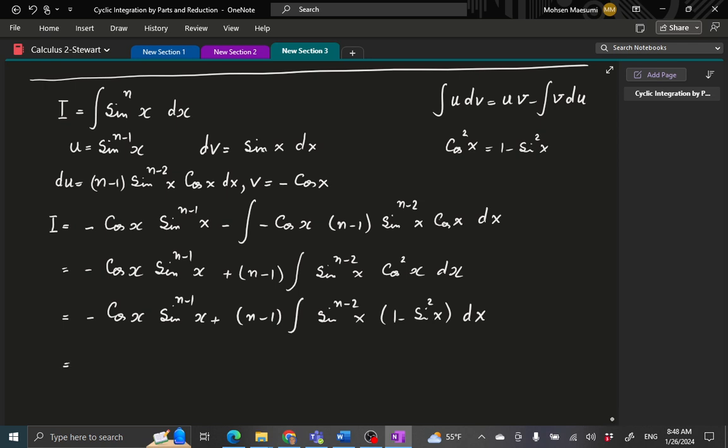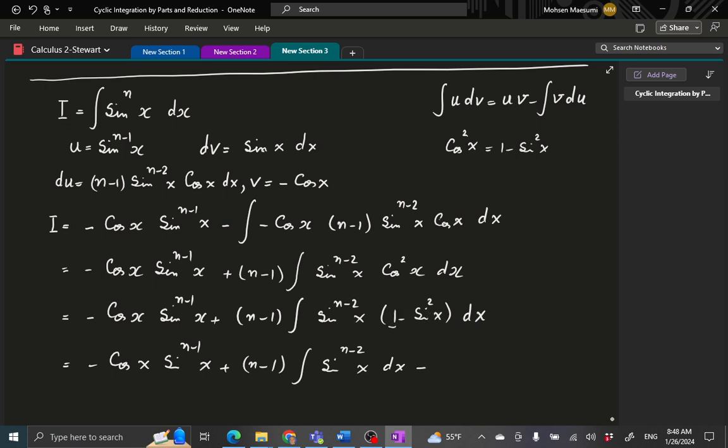So the first piece just stays as it is: cosine x sine to the power of n minus 1 of x plus n minus 1. Multiplying this by just 1 gives sine to the power of n minus 2 of x dx. So I split this into two integrals, the second multiplying by sine squared.